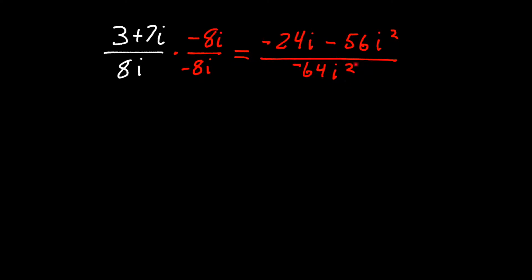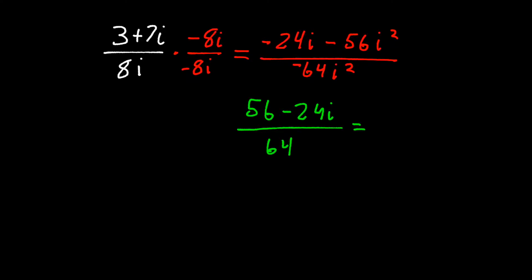Now we have to take care of our i squared terms, which become negative 1s. So instead of a negative 56, I now have a 56, minus 24i, all over 64. And lastly, 56, 24, and 64 can all be divided by 8.